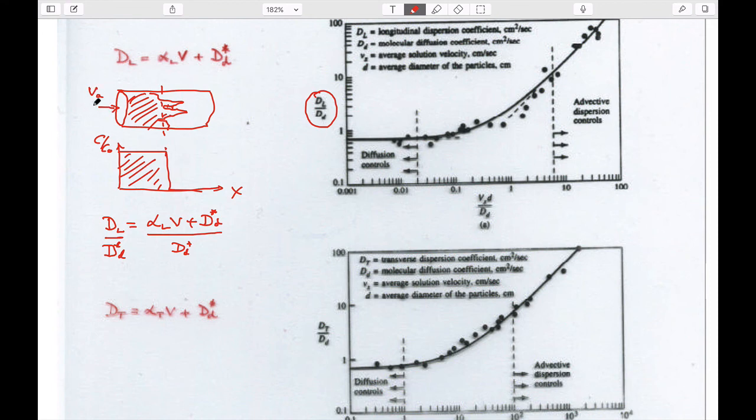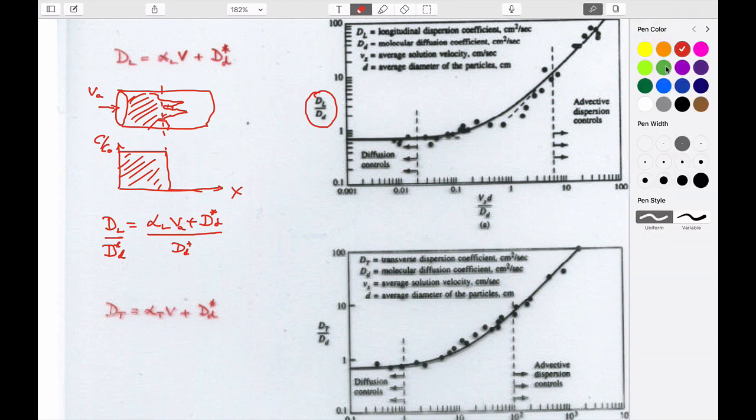So you could choose a value of the advective velocity to be 0. And if that advective velocity was 0, then this term would be 0, and this term would be equal to 1. Right?